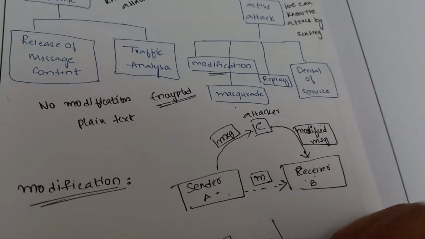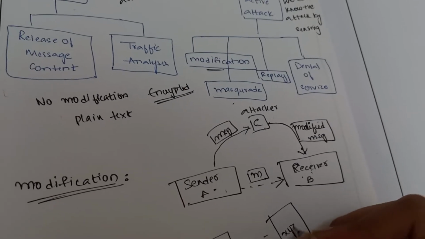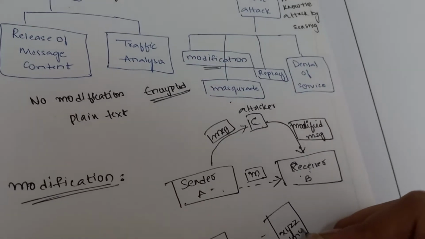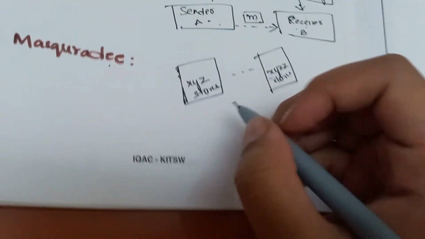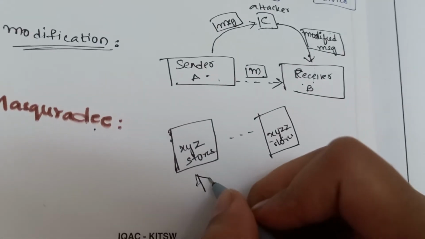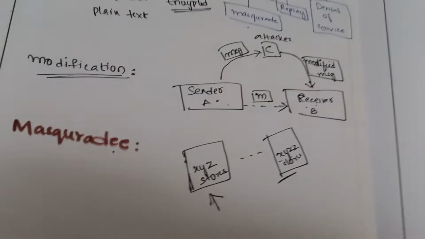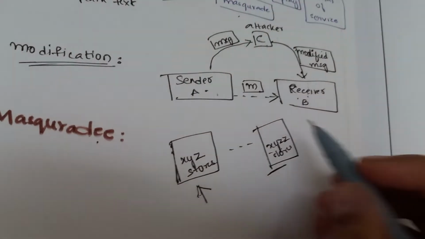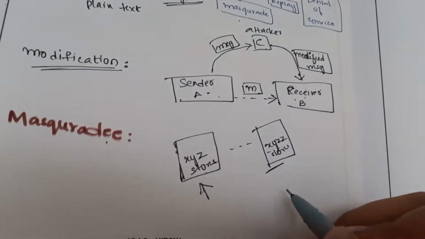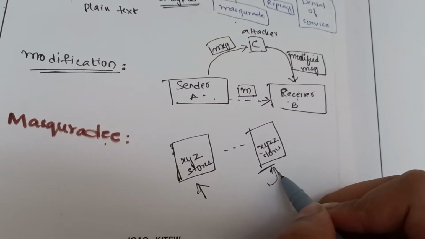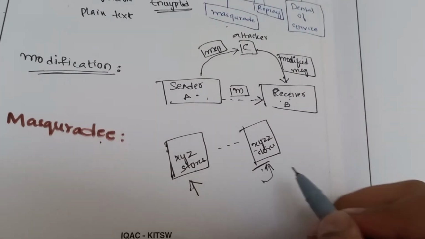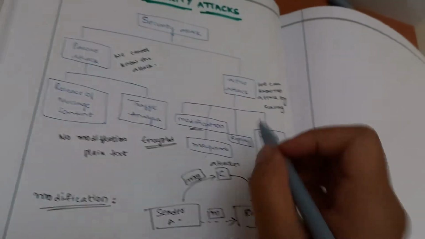Similar to this, a website is created, XYZZ stores. Whenever the user wants to visit XYZ stores, this website also appears at the same time and he may be confused about which to go to. If he enters this website and gives his credentials, then his data will be lost. This is a type of masquerade attack under the active attack.